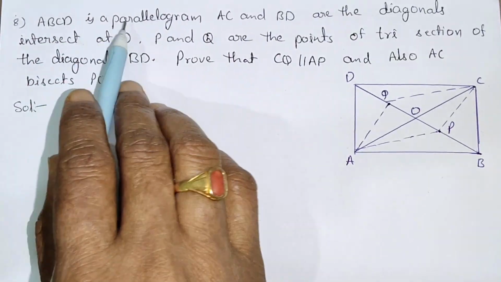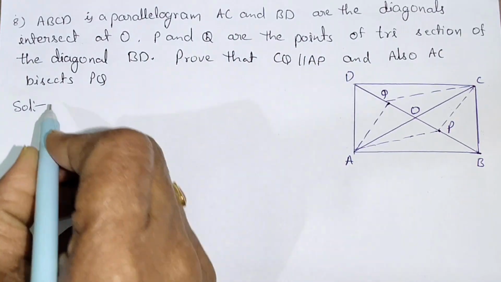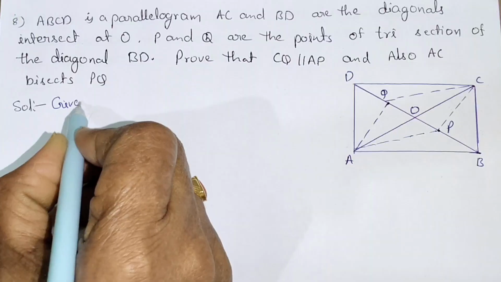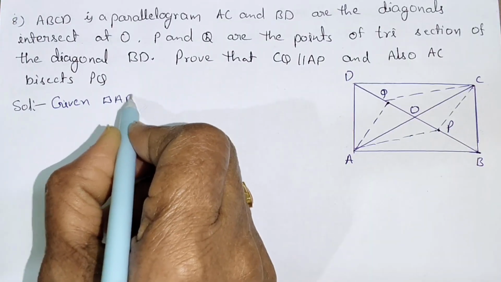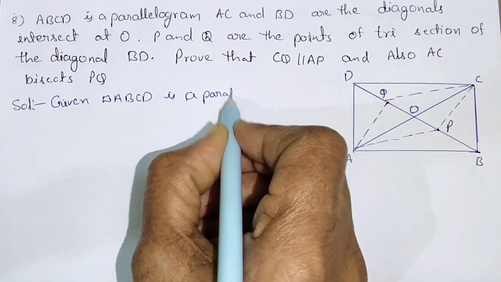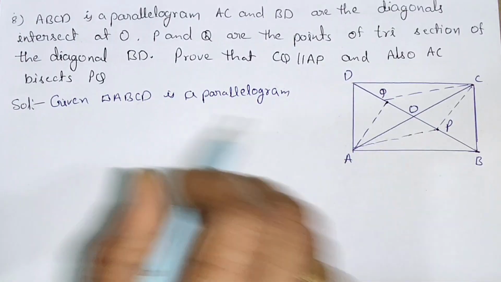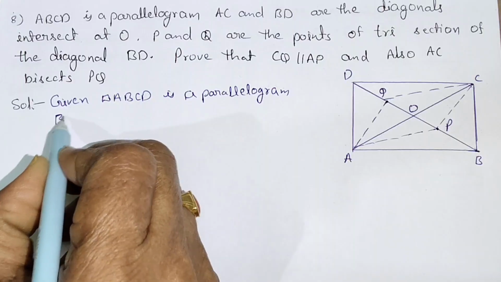Here ABCD is a parallelogram, AC and BD are the diagonals. First we write the given data. Given ABCD is a parallelogram. BD is a diagonal.